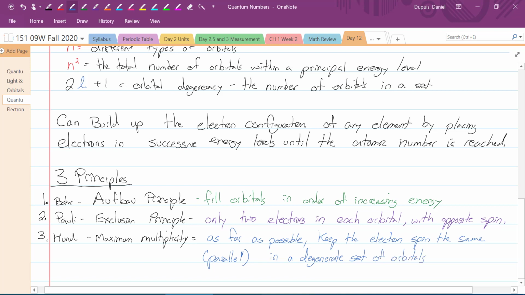All right, so we got the three principles, and then we can build up the electron configuration following these principles and N, L, M sub L, and M sub S. And so we are going to start that in a second.